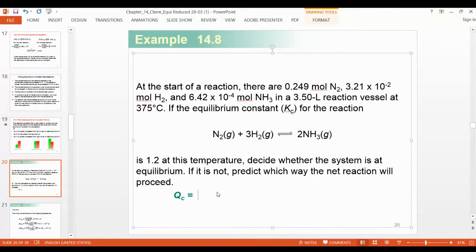equal to the concentration, because this is molarity. So in brackets you write the concentration of NH3 raised to the power 2, divided by the concentration of N2 multiplied by the concentration of H2 raised to the power 3.